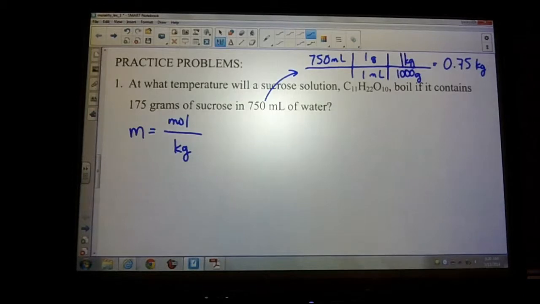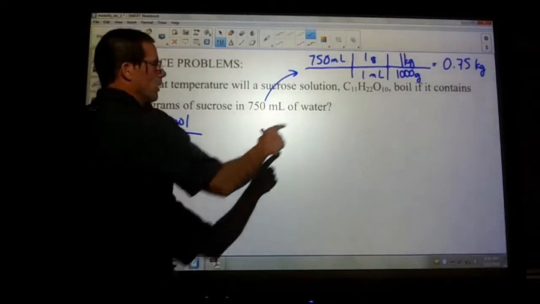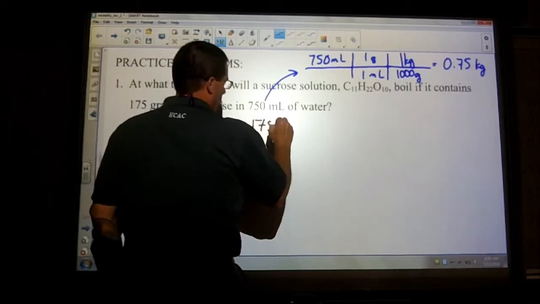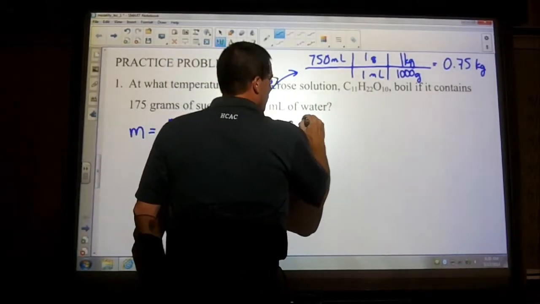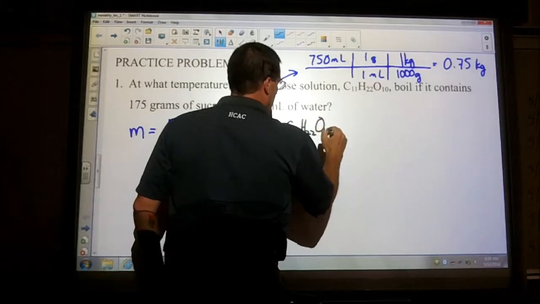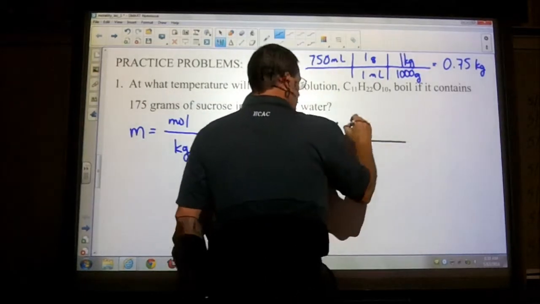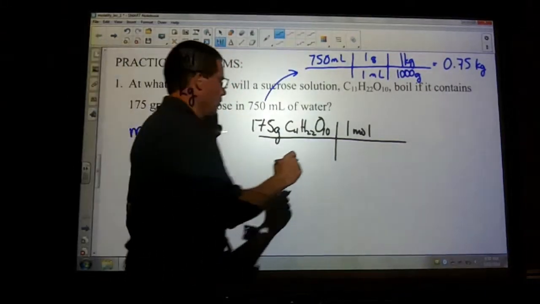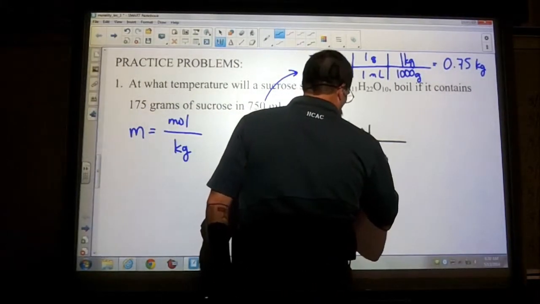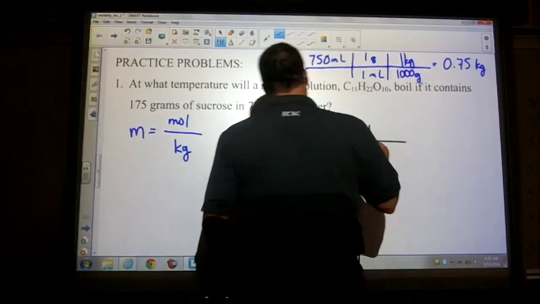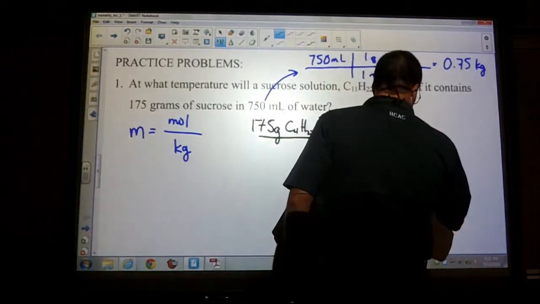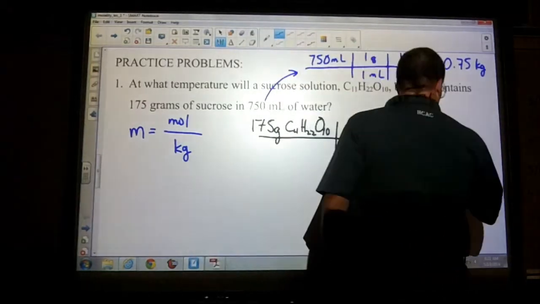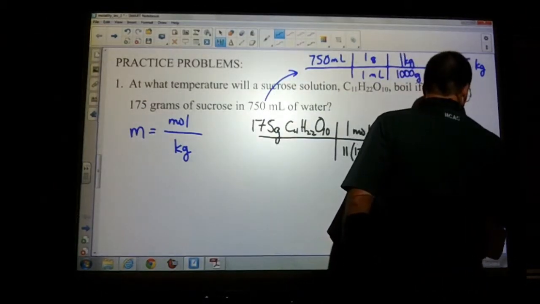So we need to change the 175 grams of sucrose, and the formula is right there. So we'll go 175 grams of C11H22O10. That is a fun one. So 1 mole is, actually I'll write that down. It's 11 times 12.01 plus 22 times 1.008 plus 10 times 16.